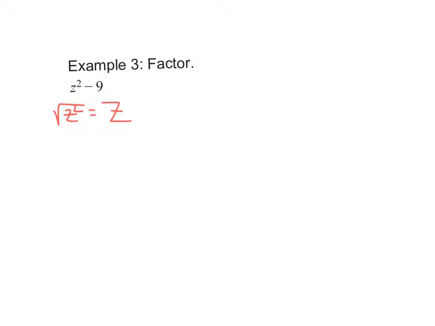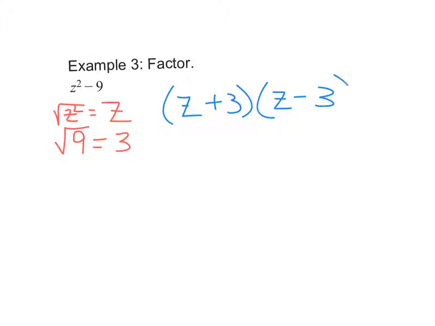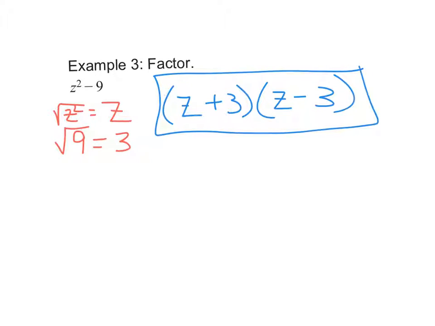Z. What about 9? Is 9 a perfect square? What's the square root of 9? 3. So we have a difference of 2 squares, right? So the rule says I can write my factors as z plus 3 times z minus 3. That's it.